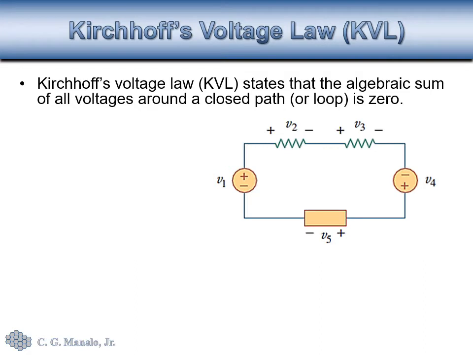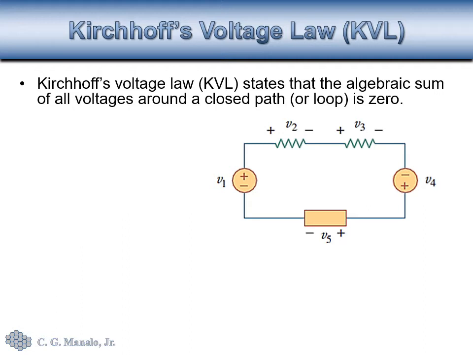Now let's go to Kirchhoff's voltage law. This law states that the algebraic sum of all voltages around a closed path or loop is 0. To explain this law, let's say we have a closed path here. We assume for the moment that we know the voltage across all the elements around the loop, and that we also know the polarity of those voltages.